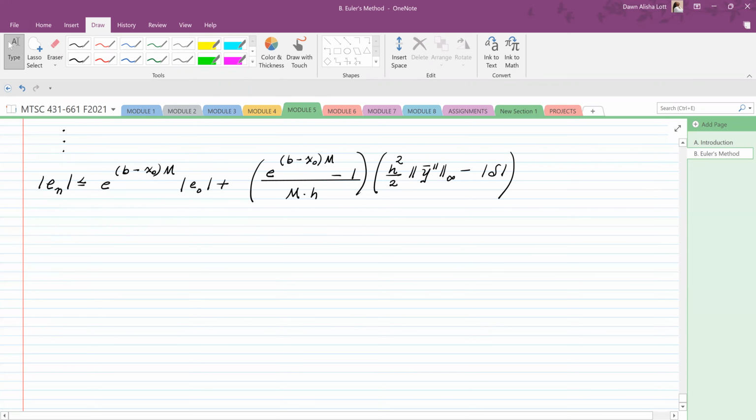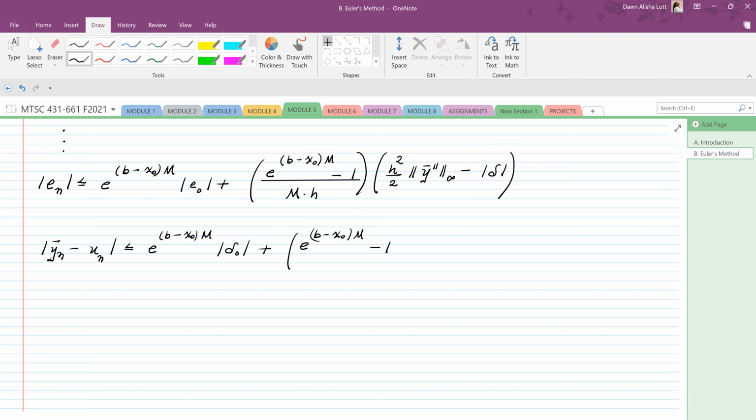So now I get the absolute value of u bar n minus u n is less than or equal to e to the b minus x naught times M times the absolute value of delta naught, plus e to the b minus x naught times M, minus 1 all over M. I'm going to get rid of the h because they're going to cancel.